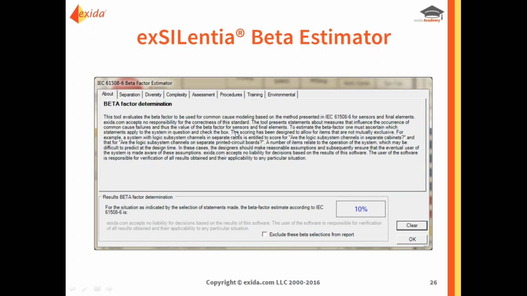That particular study suggests that we should consider beta factors along the lines of 15%, which will have an even more drastic impact on the effectiveness of any redundant configuration, be it one out of two or two out of two, for the objective for which they were designed.